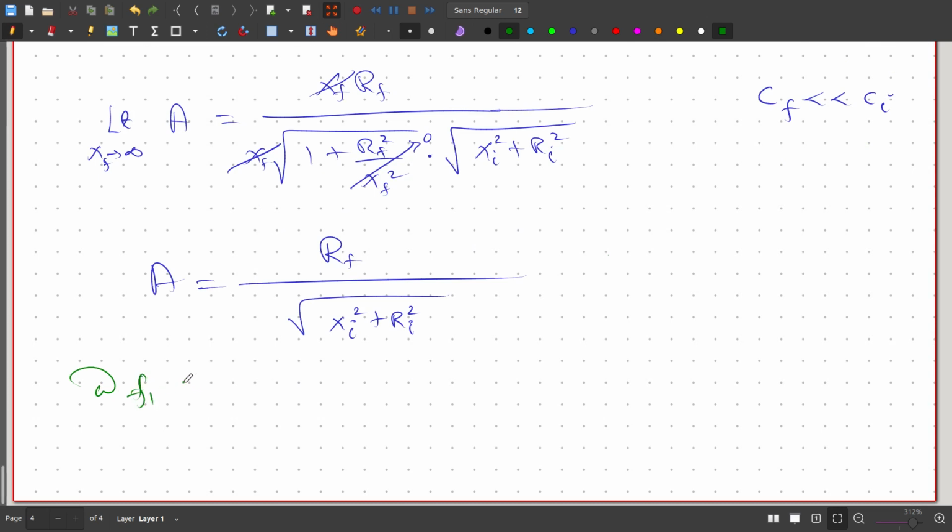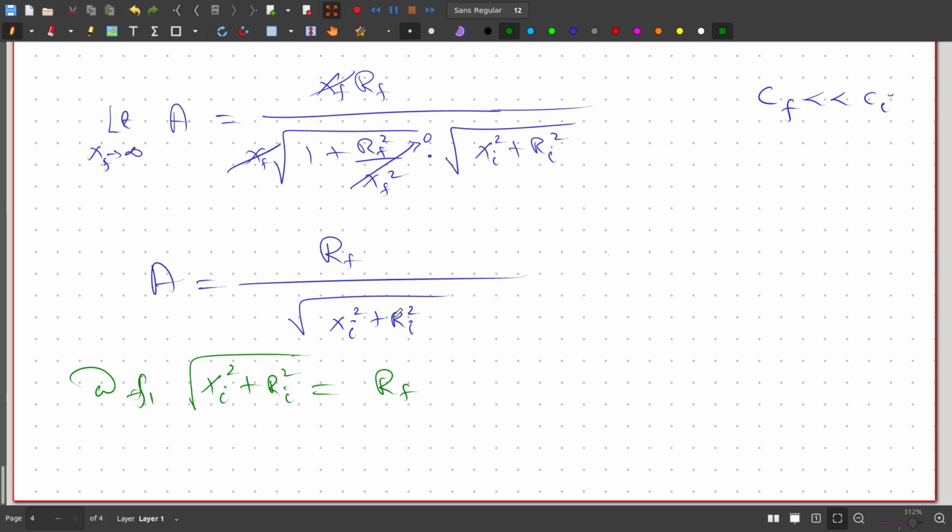At F1 frequency, what happens is root of Xi square plus Ri square equals Rf. As the frequency is further increased, this Xi decreases, and at our point the sum of this reactance equals the feedback resistance.